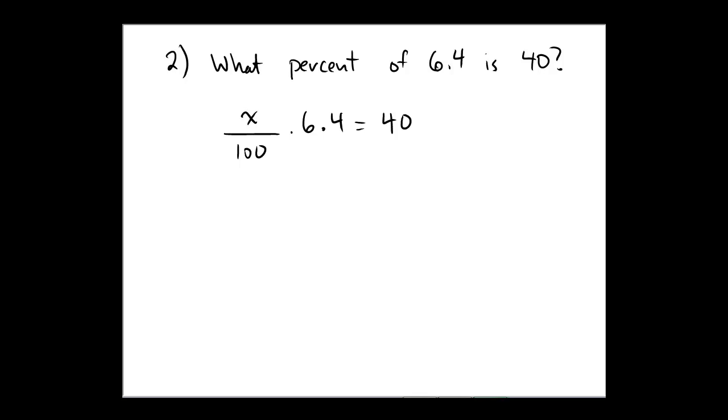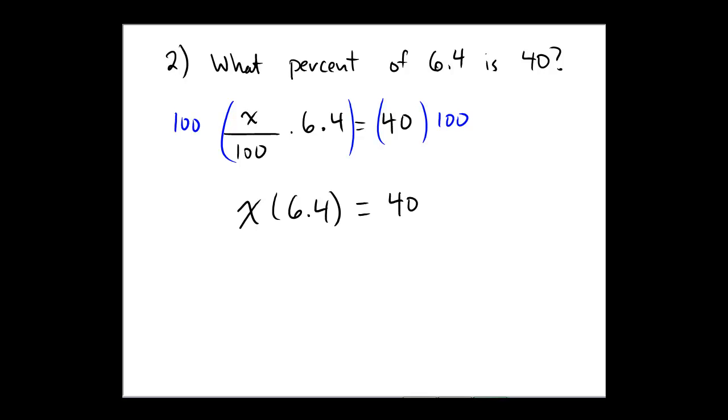We just put the variable for the unknown where the what is, and put all the different numbers where they were appropriate, and we can now use this to solve for the answer. So, multiply 100 against both sides to give us x multiplied by 6.4 equals 40 times 100, which is 4,000.